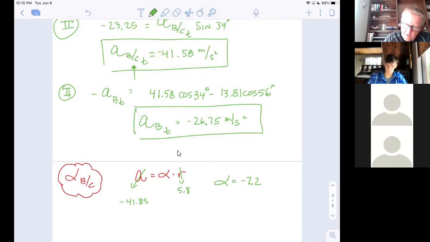It'd be kind of cool to leave the units in. If I put meters per second squared here, and this was meters, then I'm dividing meters per second squared by meters, which means the meters cancel and I get nothing per second squared. So this is radians, that's what a radian is. It is a unitless number. It's a unitless unit. Whew.